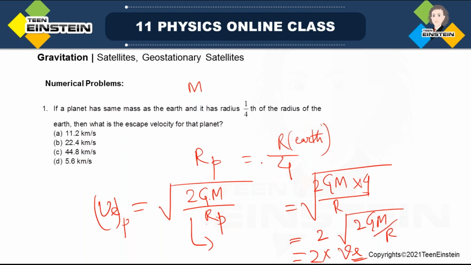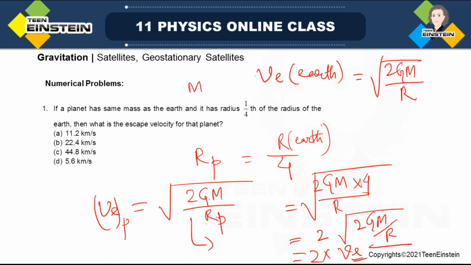See, the escape velocity for the earth surface is given by root over 2 capital GM by R. Okay, so this is the R, so we can write that.